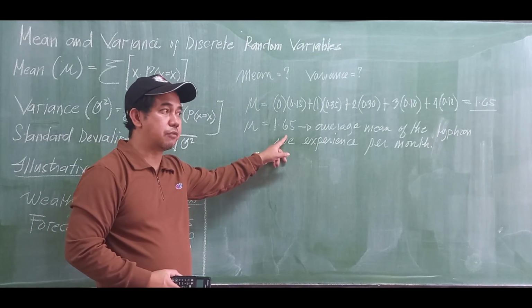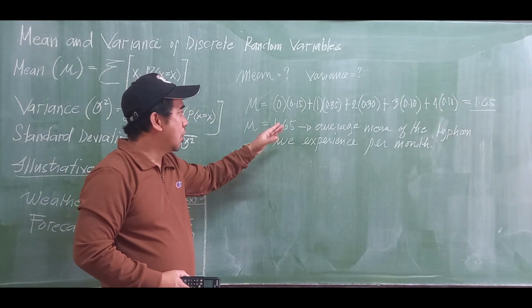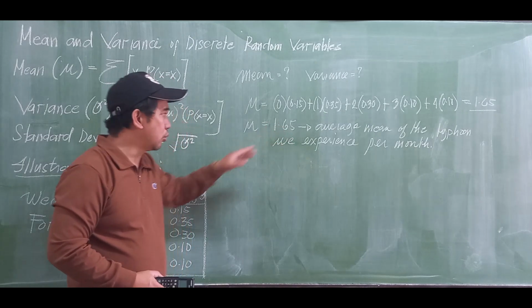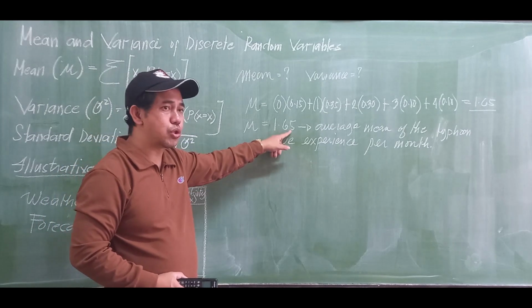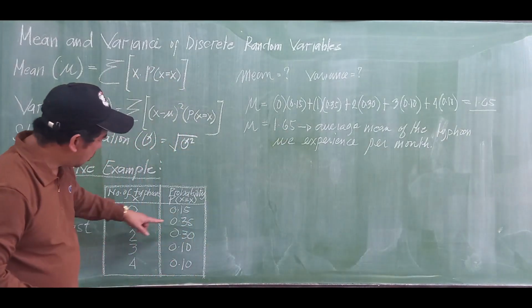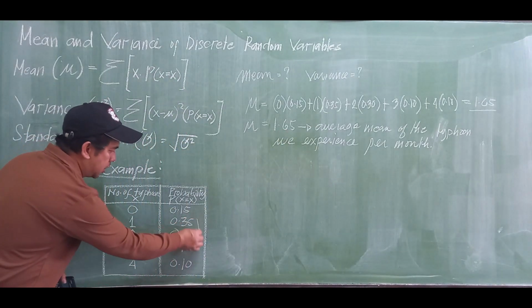Okay, 1.65. But you notice, when we locate this in the data, it is between one typhoon and two typhoons. So it is within this part.